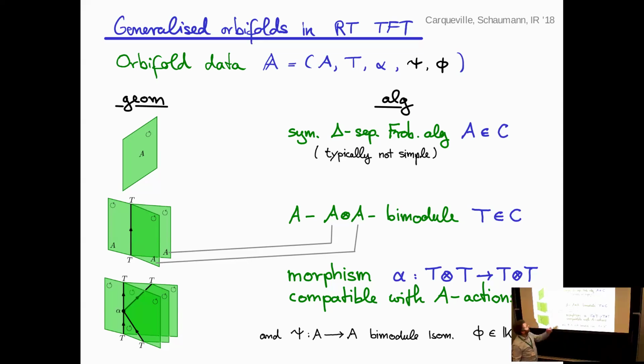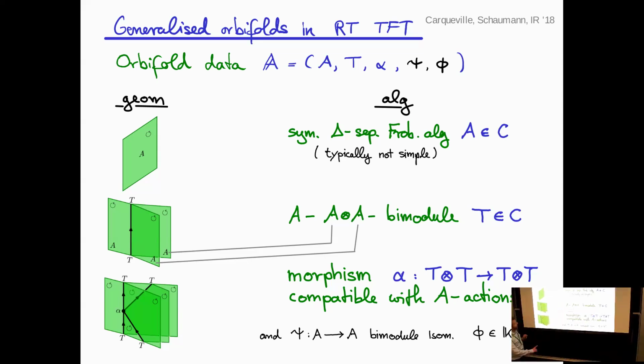The first thing we need to choose is a label for a surface defect, which means we have to point at a symmetric separable Frobenius algebra, which typically will not be simple. We will see this in examples. Then we have to point at a junction line, which allows us to join 2 such surfaces to 1. Algebraically, this means we have to point at an A tensor A bimodule.